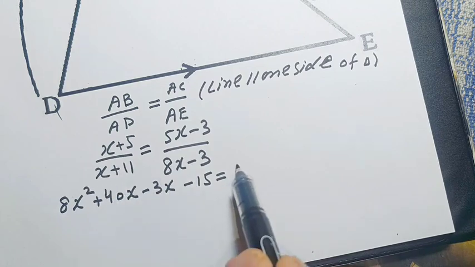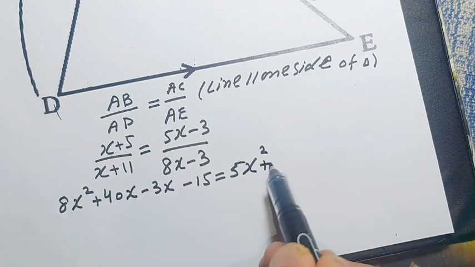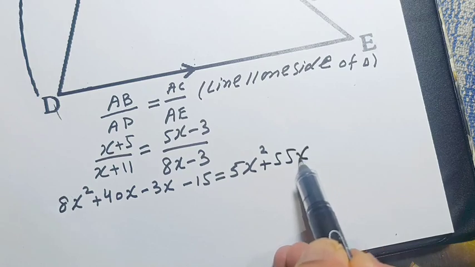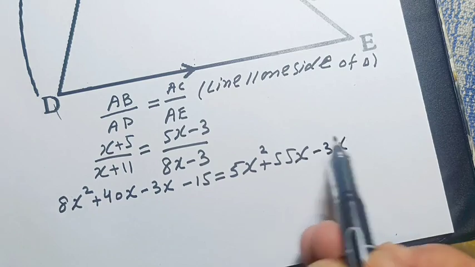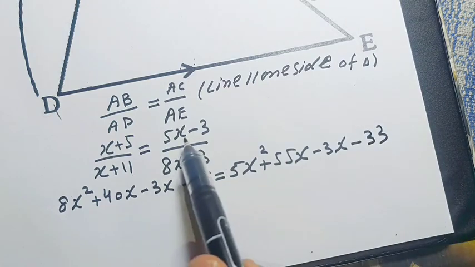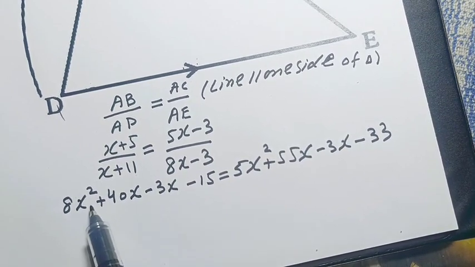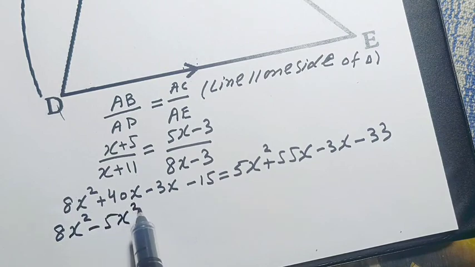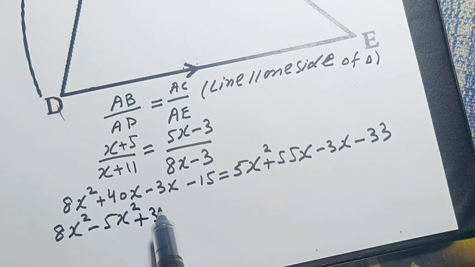5x times x is going to be 5x squared. And 5x times 11 is 55x. And now negative 3 times x is negative 3x. And negative 3 times 11 is negative 33. Now I need to simplify. 8x squared, I pull over this side, minus 5x squared. And 40x minus 3x becomes plus 37x on this side.